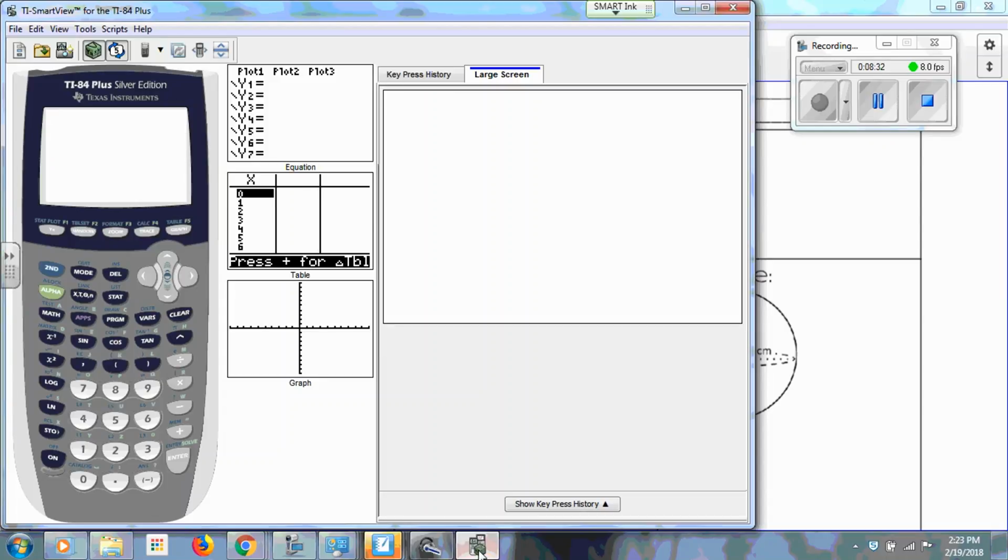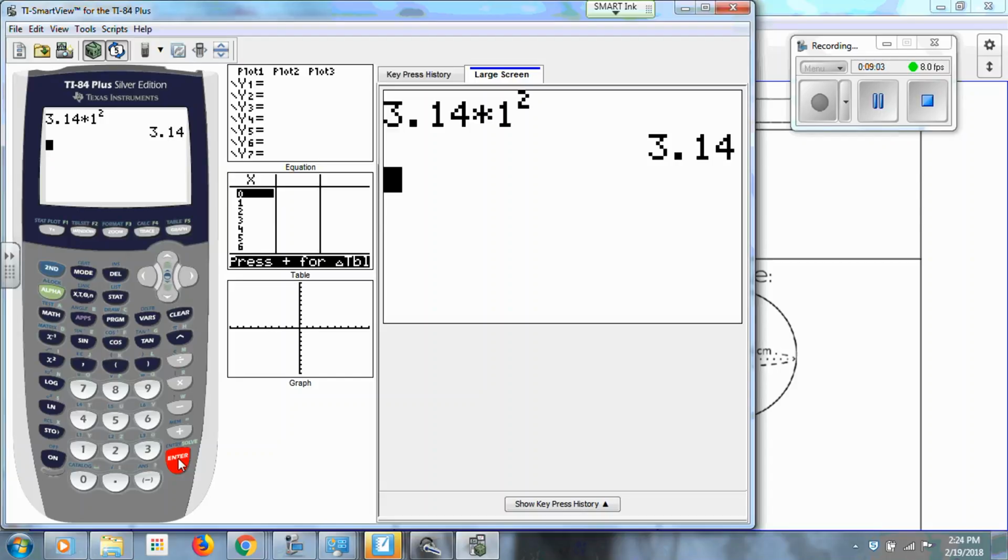I'm going to put into the calculator 3.14 times 1 squared. Remember, if I just want to square a number, I can hit this button right here and hit enter, and it tells me the answer for the area of that circle is 3.14.